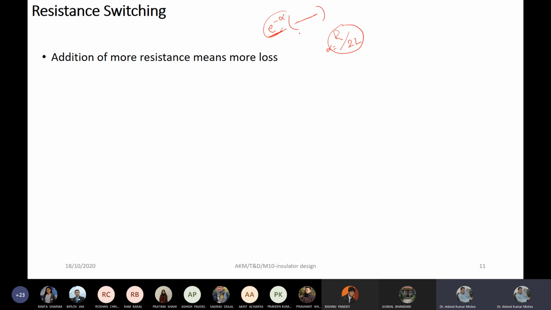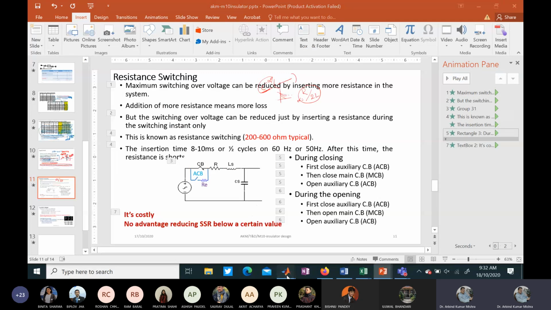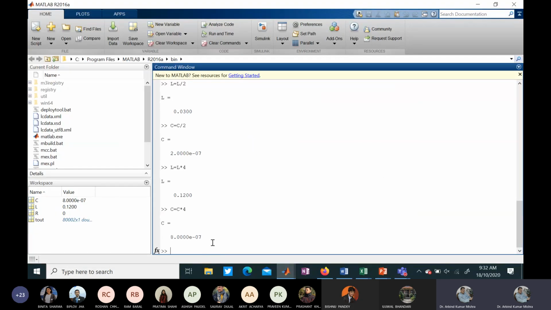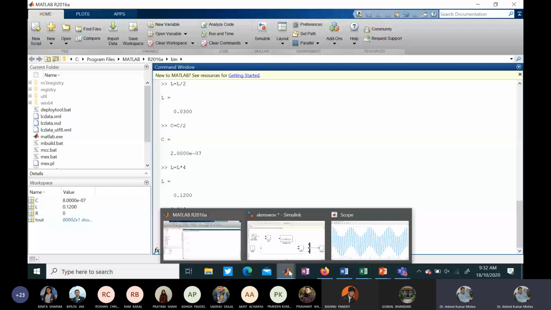So even if the oscillation is there, if you go on increasing the resistance, it will die out very quickly, more and more. Okay, let's see one case. Because we already have the simulation network, just go in and make R equal to, say, just before R, let me recall what our condition was.